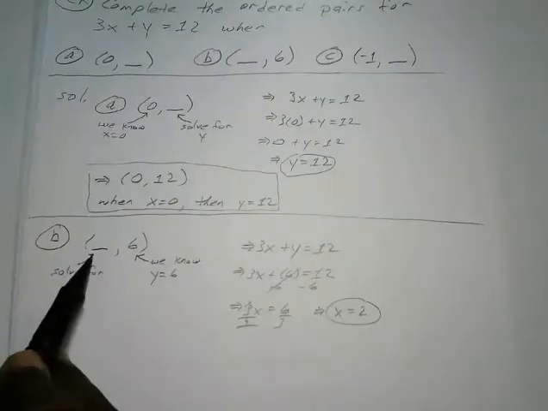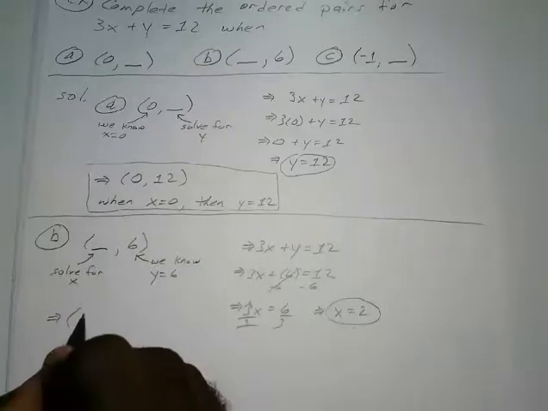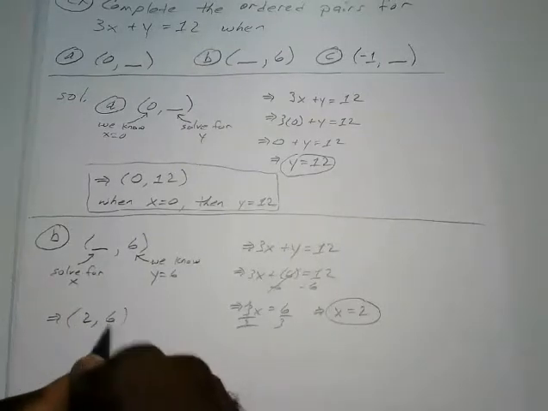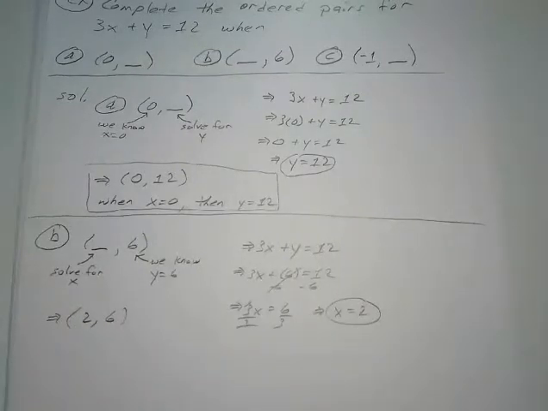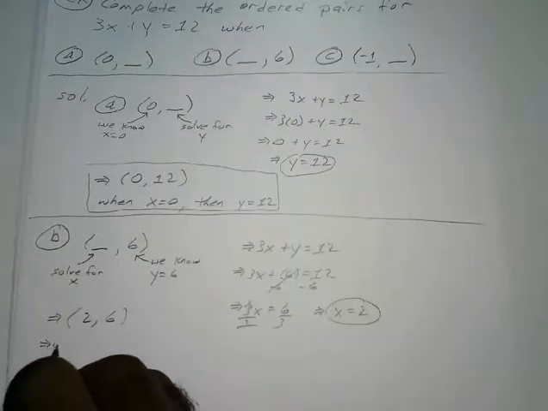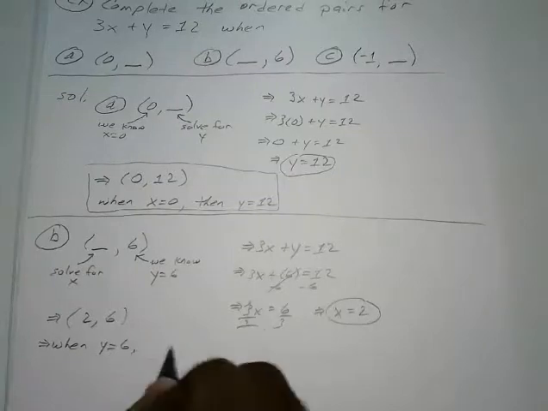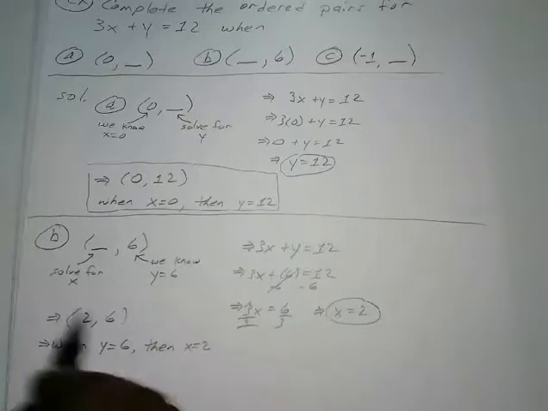All right, so that means this ordered pair, since x is equal to 2, will give us 2, 6. Which basically tells us when y is equal to 6, then x is equal to 2.